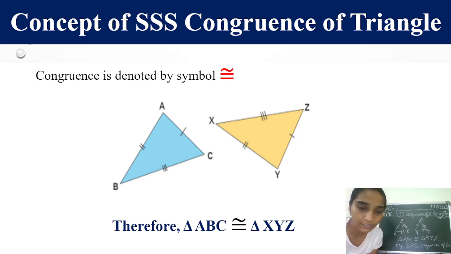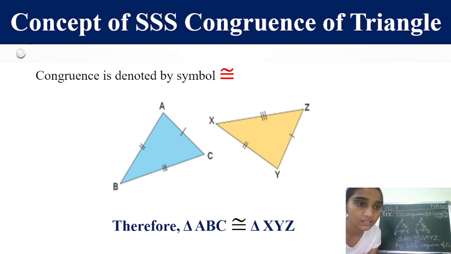So students, are we clear now how we are saying that these two triangles are congruent? Yes, very good. They are congruent by the SSS congruency of triangle rule. And we know that the congruency symbol is denoted by this, which I have also drawn: in the center an equality sign and one curve above it.